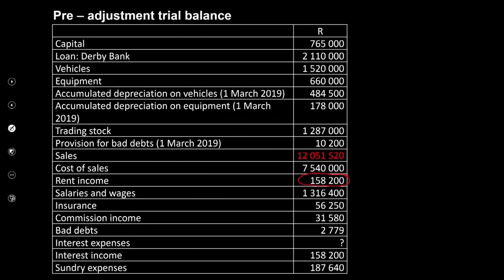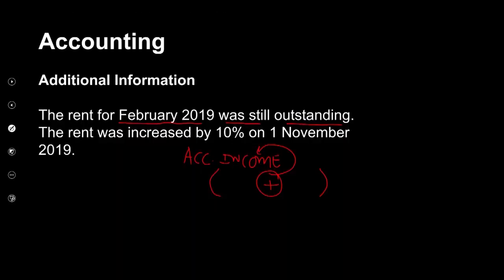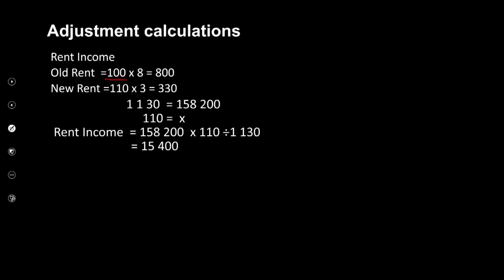Now we're going to do the actual calculation. So we identify rent income as 158,200. Let's take the old rental to be 100% because we don't know. All that we know is that rent was increased by 10% on the 1st of November. Meaning therefore, let the old rental be 100 for how many months? 8 months. Why 8 months?